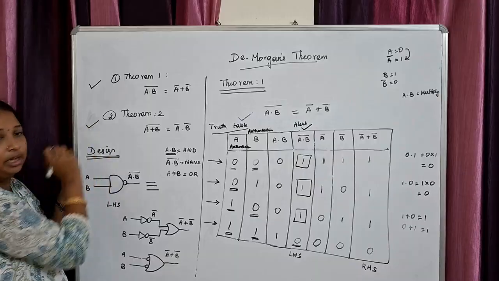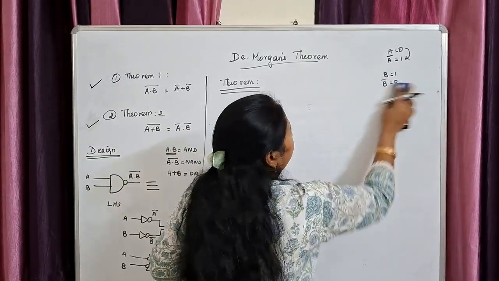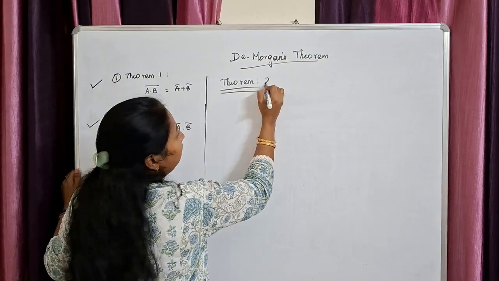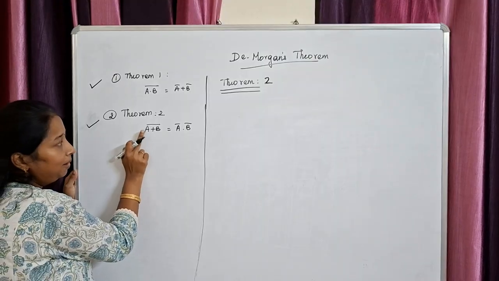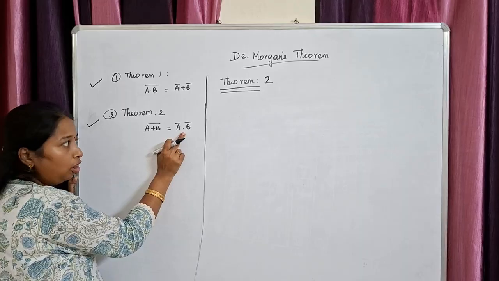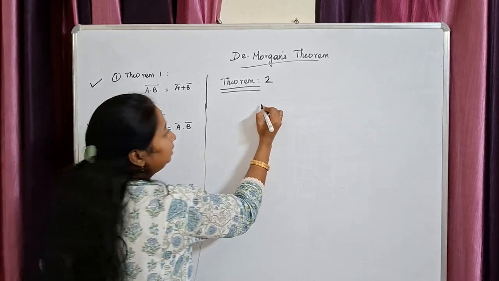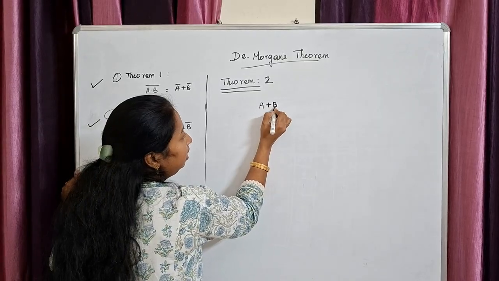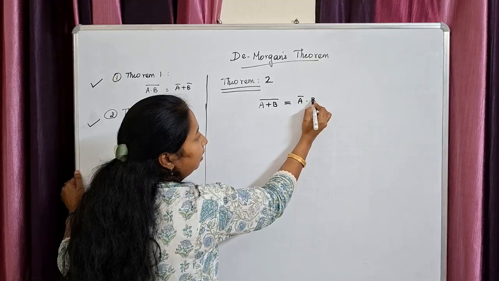Now we'll go to Theorem 2. What does Theorem 2 state? The complement of a sum term is equal to the product of the complement of every single input term. That is, A plus B, the whole bar, is equal to A bar dot B bar.